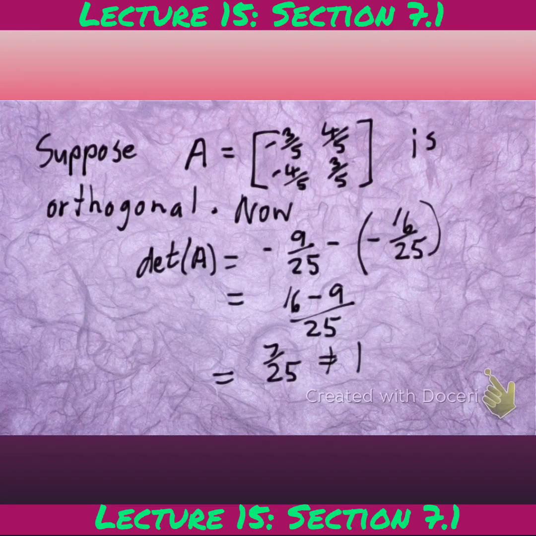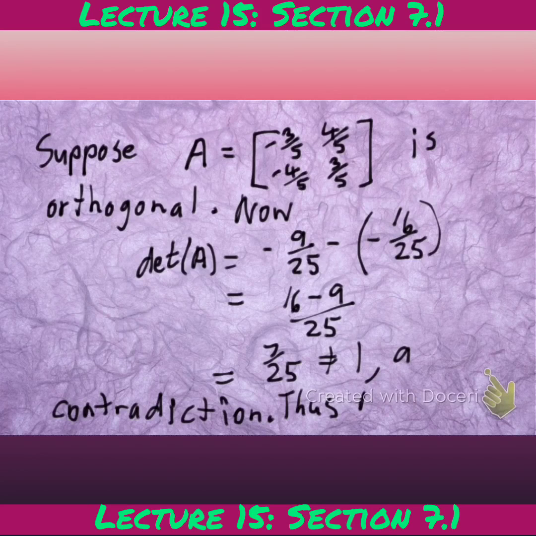Right, now because we assumed that A is orthogonal, it must have a determinant 1 or a determinant minus 1. Okay, so working the determinant out, we get 7 over 25, which is definitely not 1. So that's a contradiction. So therefore that matrix A is not orthogonal.